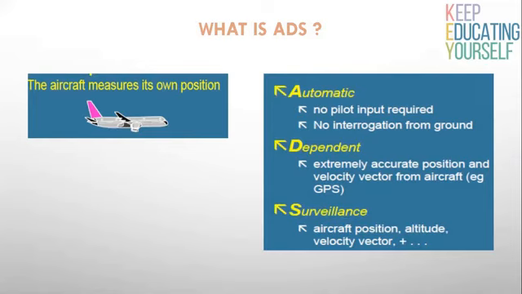It is automatic because it requires no pilot or controller input to function, other than turning the equipment on and logging into the system, and dependent because it requires operating airborne equipment like SSR.